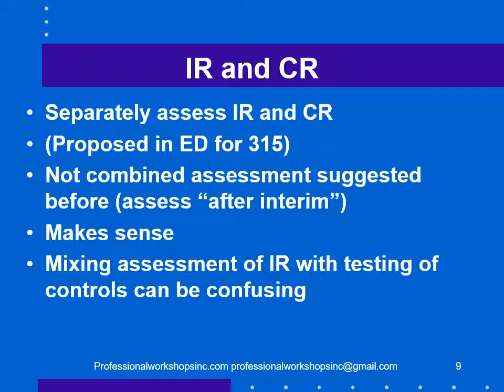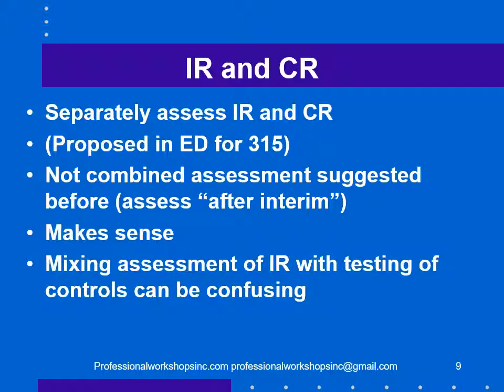Now the first thing that this section does differently, and it's really not different, this change is proposed in the exposure draft for section 315, but it says we should separately assess inherent risk and control risk. So this is really not unique to accounting estimates. It's going to be required for everything shortly.